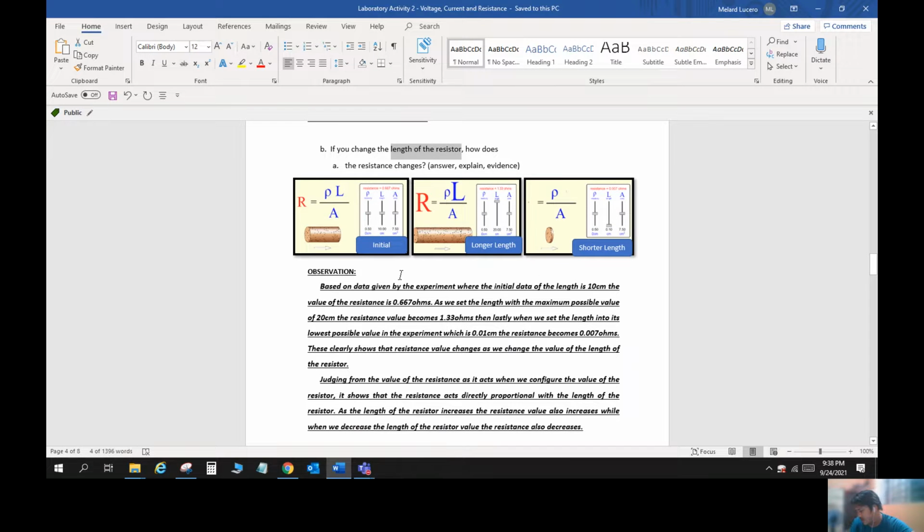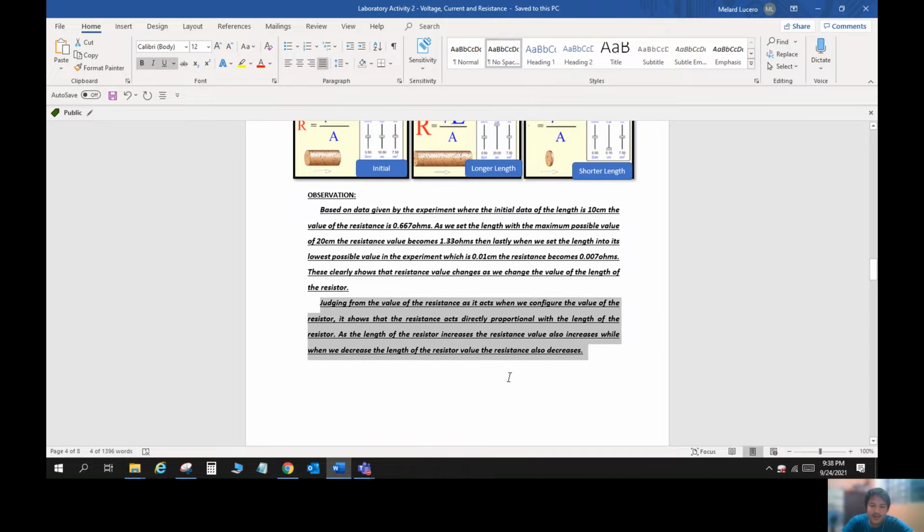So basically these are the effects, or the screenshots of what we are having in the actual simulation. Here is our main observation.